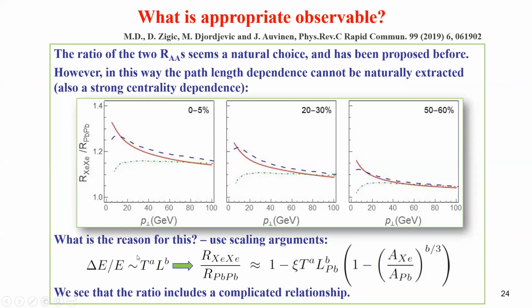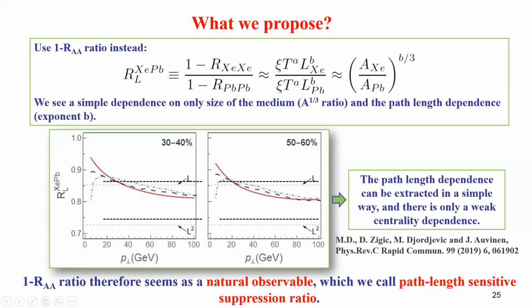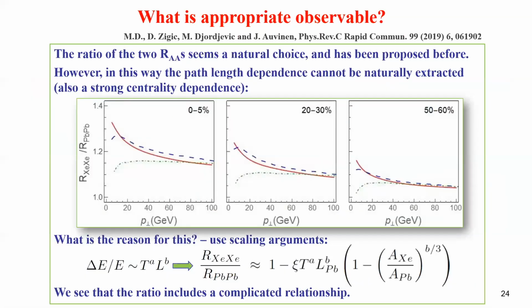In order to use this simple relationship, we need to have a small energy loss. So all this analytical derivation is applicable when the energy loss is small, and small energy loss is applicable when you have high PT and when you have higher centrality. So you have to have both.